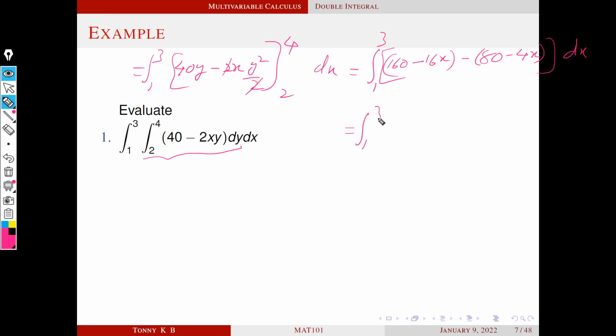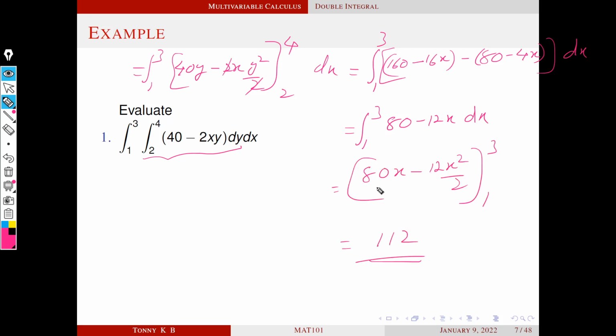So this becomes 1 to 3, 80 minus 12x, right? 80 minus 12x dx. Then you can perform the second integration with respect to x. So this becomes 80x minus 12x square by 2, you can cancel, this becomes 6. Then by substituting upper limit and lower limit, this becomes 112. Okay, yes, answer is 112.